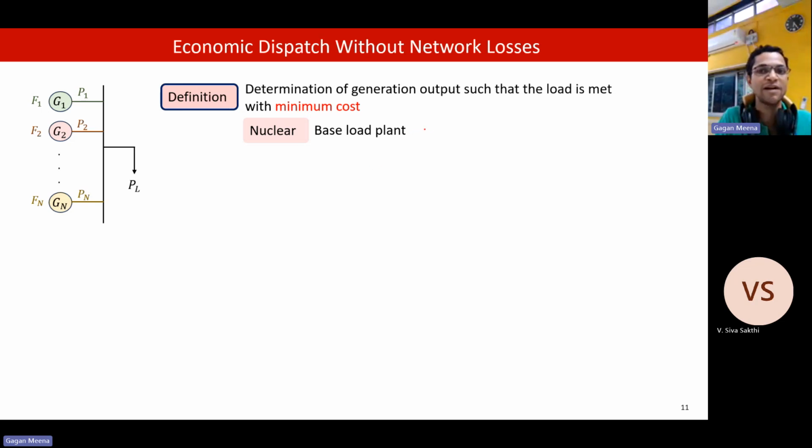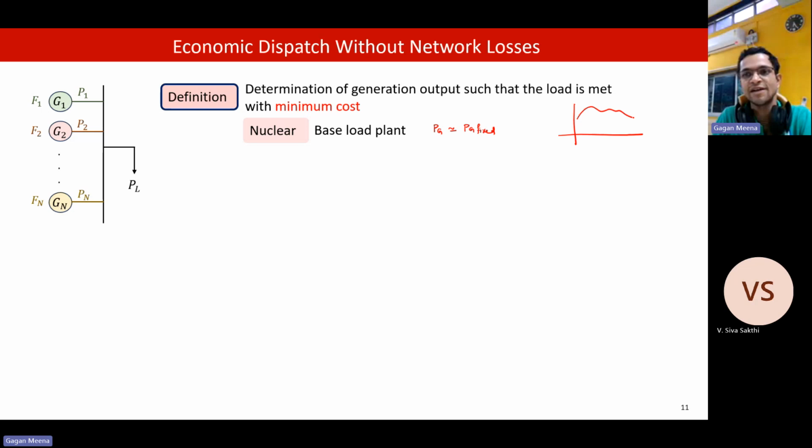Because this is a base load plant, its output is almost constant, some PG fixed, I will say. Varying the output of nuclear is not economical, because reducing it and again increasing it is not economical. So that is why it is almost constant.